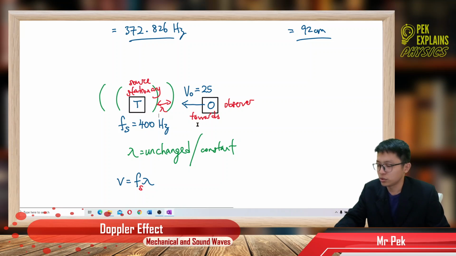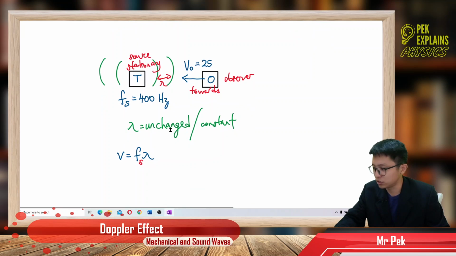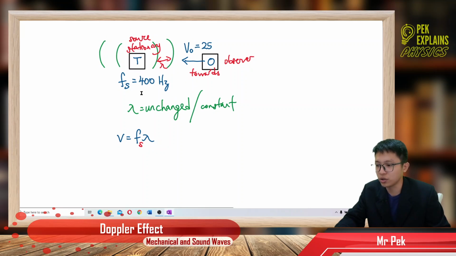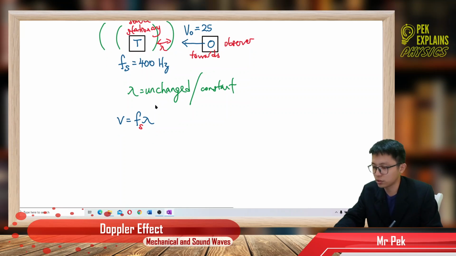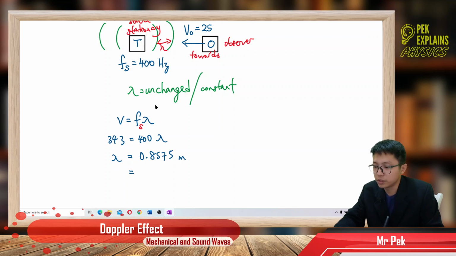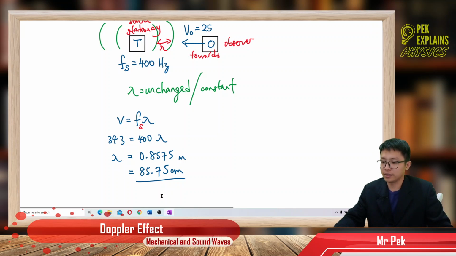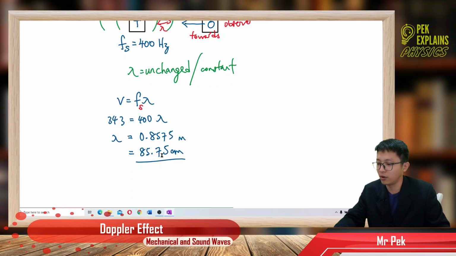So to find the last wavelength, which is unchanged, we just use back the source frequency. The velocity of sound is 343, the frequency of the source is 400, and lambda is 0.8575 meter, which is also 85.75 centimeter.